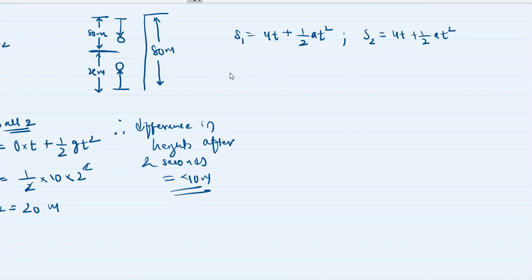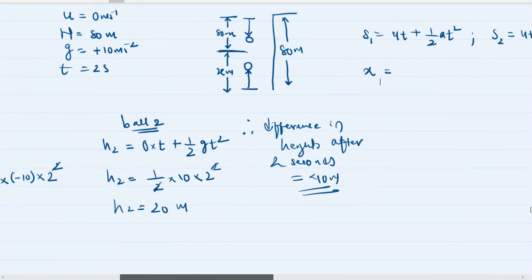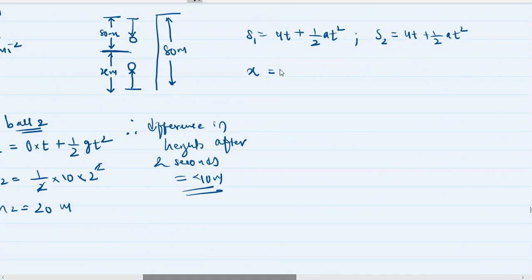And S1 we can consider it to be x meters. The initial velocity with which the first ball is thrown up is 20 meter per second. So 20 multiplied by t plus half into minus 10 multiplied by t square. So this will be equation number 1.